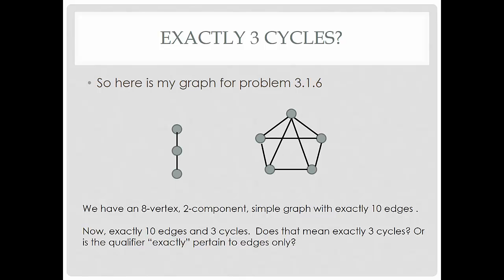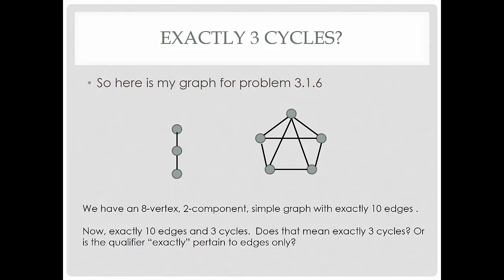Or does it mean exactly 10 edges and exactly 3 cycles? Does the exactly go to both the number of edges and the number of cycles? If the author intended exactly 10 edges and exactly 3 cycles, then we haven't drawn the graph, because we certainly have more than 3 cycles, and that would change the problem.